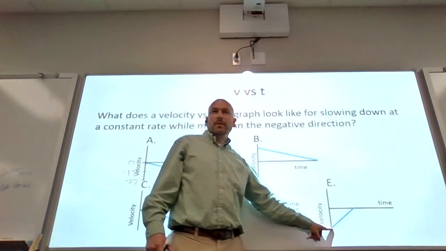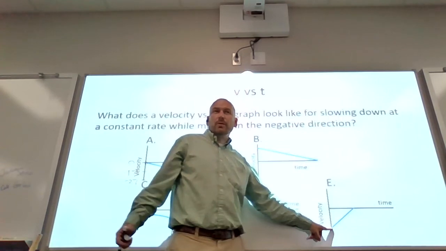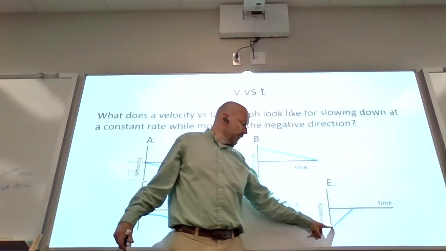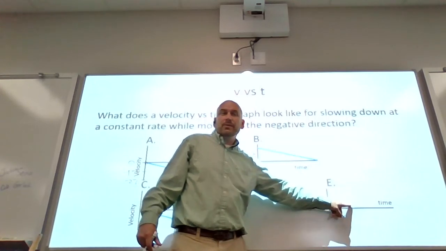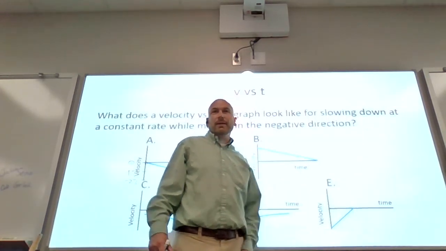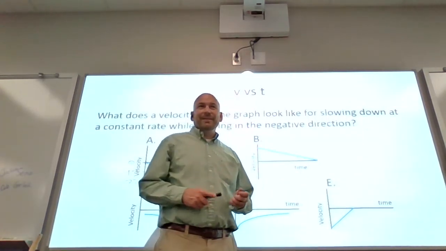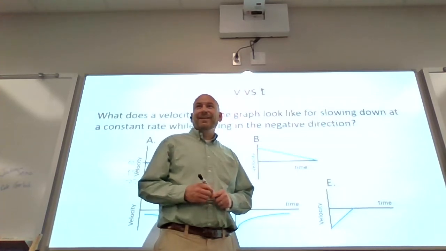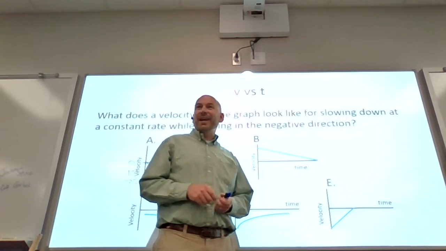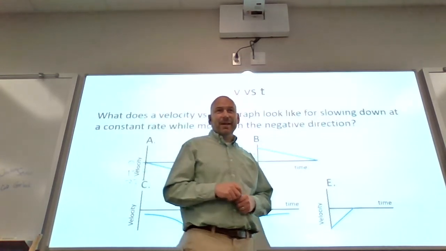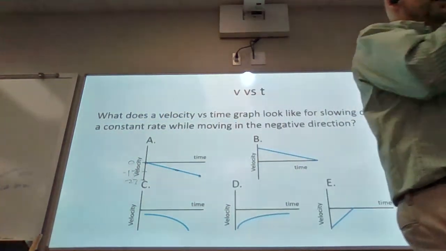Give me a number. -2, -3, whatever. -1, 0. You're slowing down in the negative direction. Okay? If you learn something, if your mind got changed, write that down. We're going to stop there.